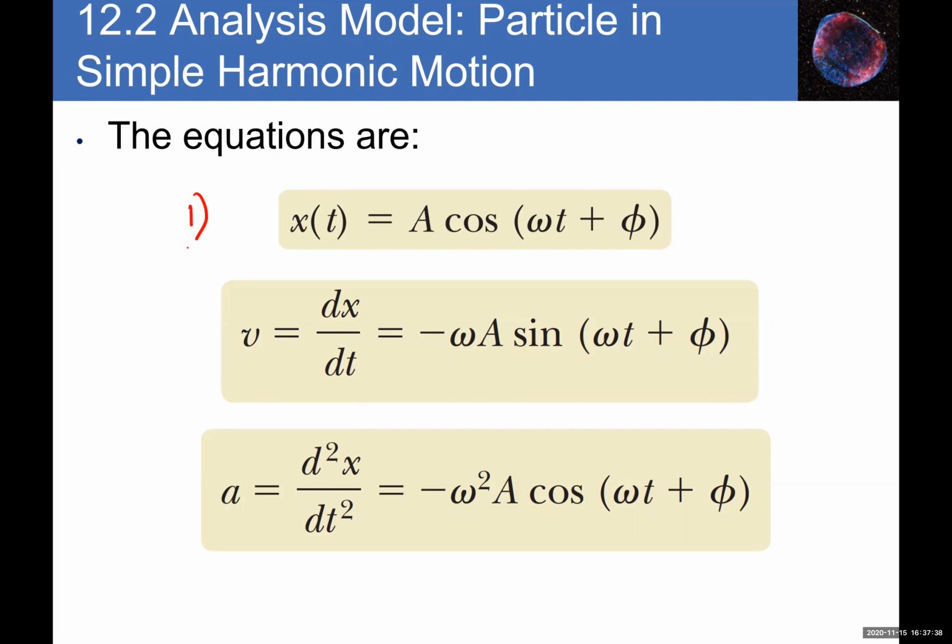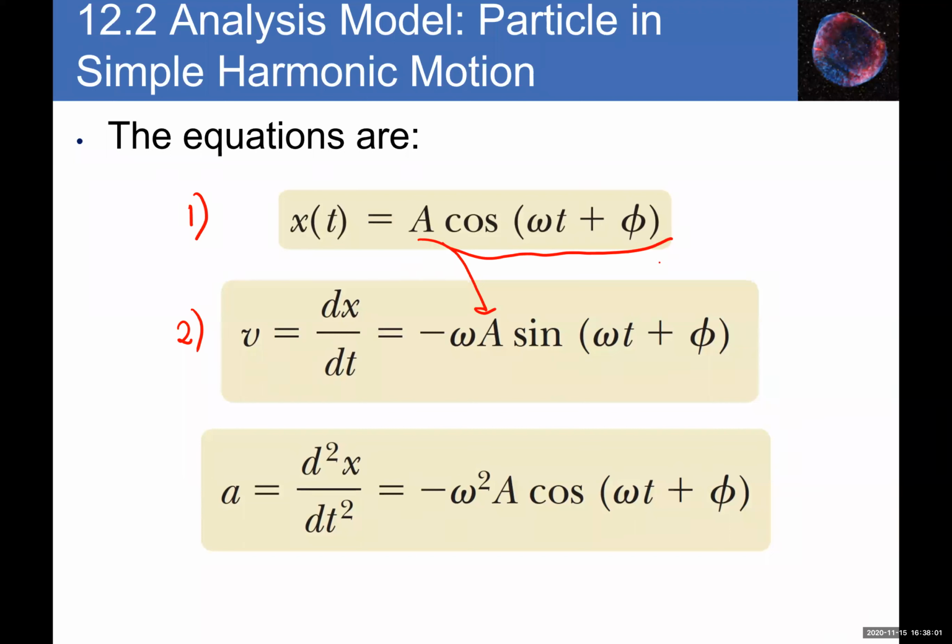One is for the position: x as a function of time equals a cosine of omega t plus phi. Now, what is velocity? Well, velocity is the derivative of the position with respect to time. That means I take a cosine of omega t plus phi and take the derivative. First, a is a constant, right? So it becomes a.